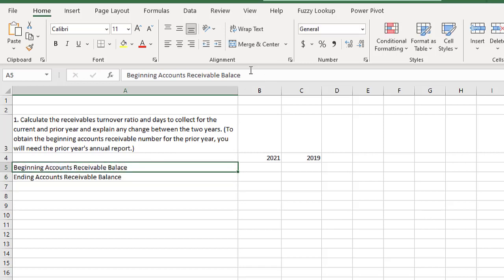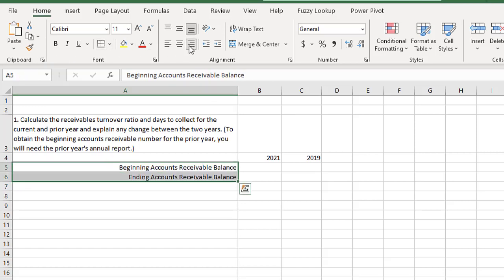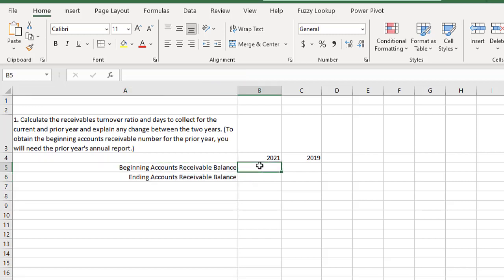And I need to correct that spelling. All right, I'm going to go ahead and justify these. So for my 2021, my beginning balance will be my 2019 ending. So I'm going to go ahead and go grab my 2019 ending balance.